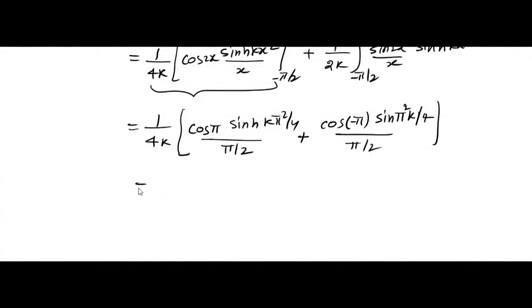This will be equal to 1 over pi k, and cos pi is minus 1, cos minus pi is also minus 1, so this will be minus 1 over pi k sinh(k pi square by 4).